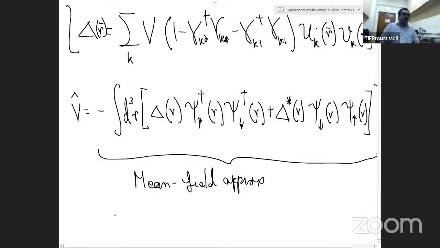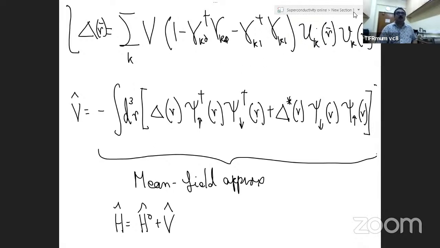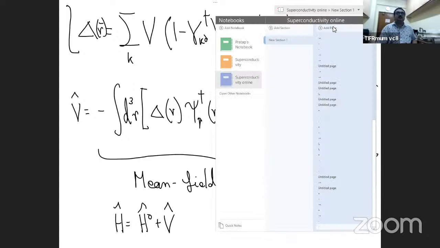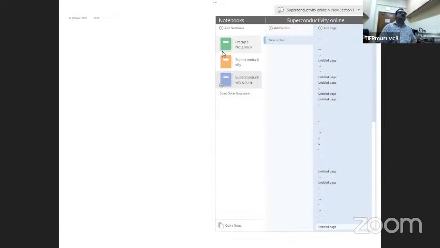Alright, so now you have the full second quantized Hamiltonian in terms of the first quantized Hamiltonian. You have an expression for psi naught and you have an expression for V. Now, what we have to do is have a strategy for developing the real space equation.